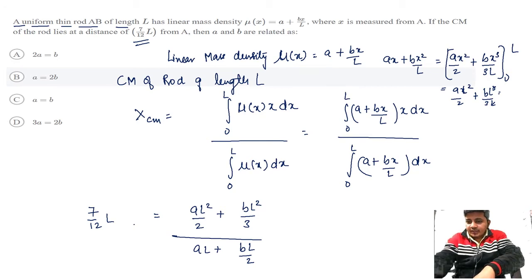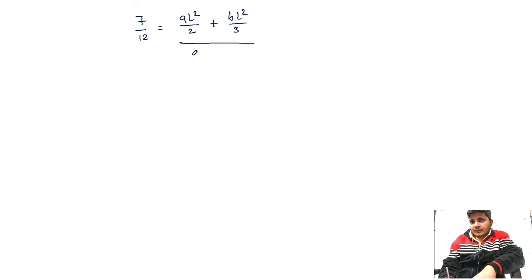So I am solving this equation, that is 7 by 12 L equals aL square by 2 plus bL square by 3, divided by aL plus bL by 2.